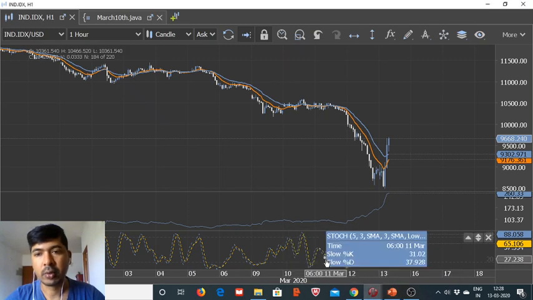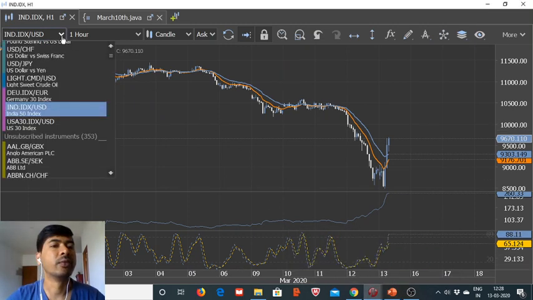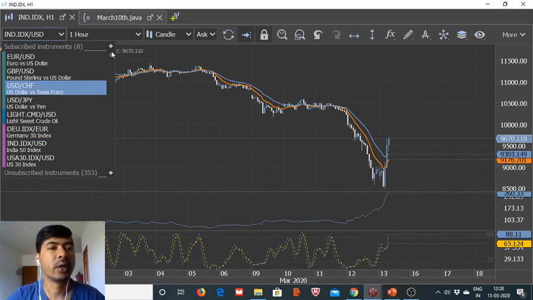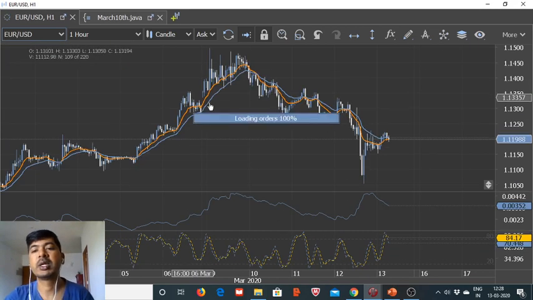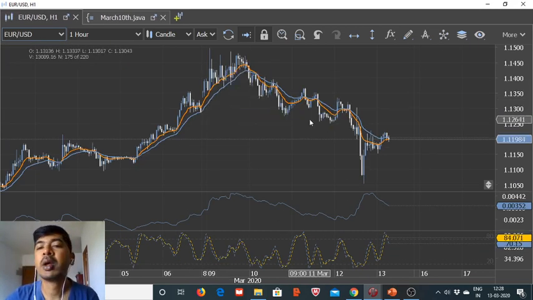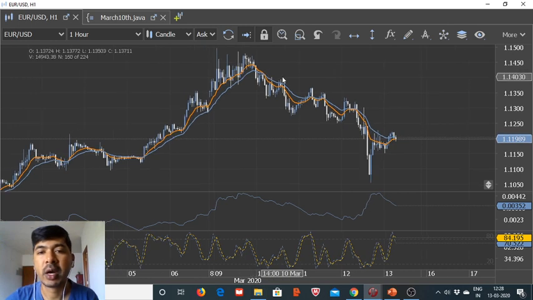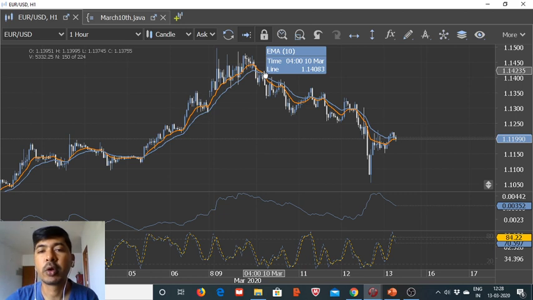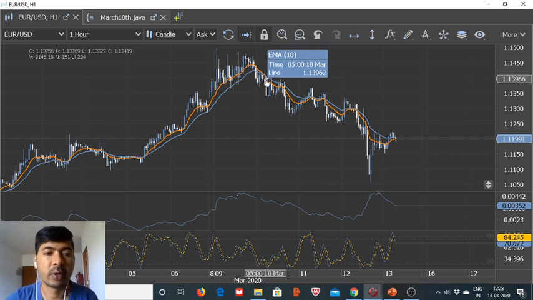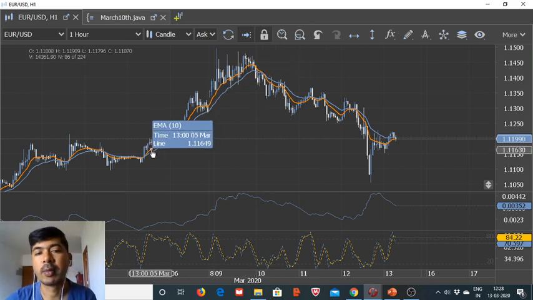I would like to give you a brief idea of what we have done so far and what changes we are going to make in today's session. Till yesterday, we were looking for a trade only during the first 10 hours of the EMA crossover. When the EMA 10 crosses below EMA 20, we were looking for a sell, and when EMA 10 crosses above EMA 20, we were looking for a buy trade.